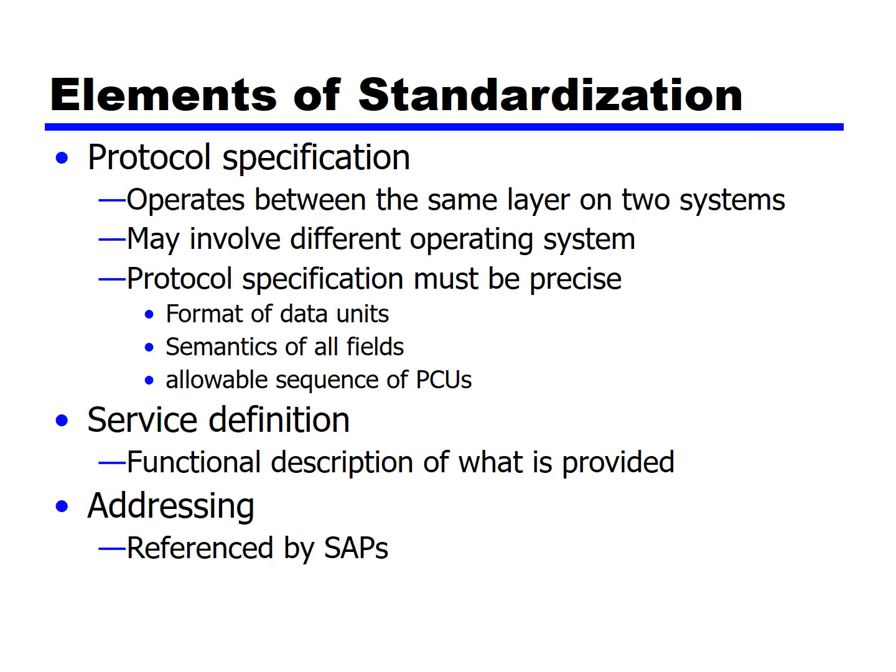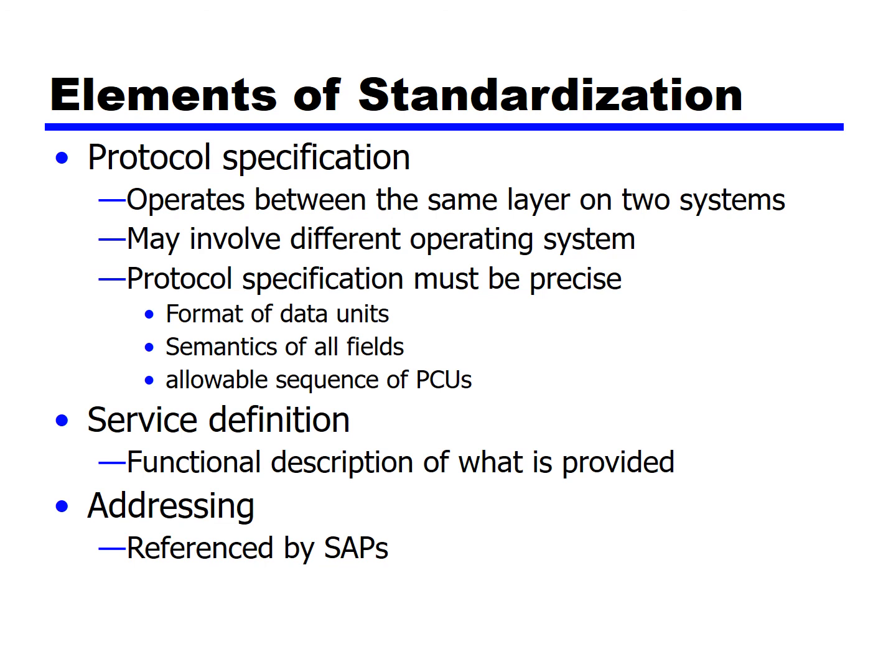Elements of standardization. Number 1, protocol specification operates between the same layers on two systems and may involve a different operating system. The protocol specification must be precise: format of data units, semantics of all fields, and allowable sequence of PDUs.